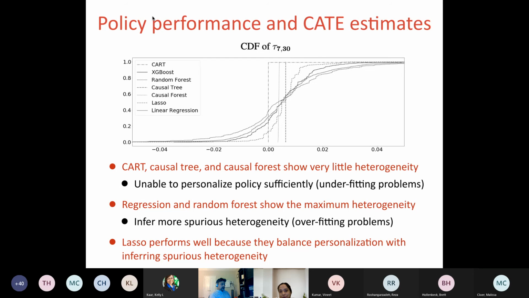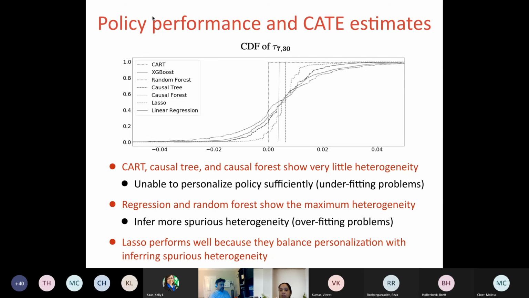But if your eyesight is very good and you look very carefully, you'll find that CART, causal tree, and causal forest, those are these three verticalish lines in the middle, show very little heterogeneity. So they are unable to personalize the policy sufficiently. All of these are making bias-variance trade-offs in how flexible these functional forms are in predicting outcomes or treatment effects. What this suggests is they're basically suffering from underfitting problems. They're not flexible enough for whatever reason.